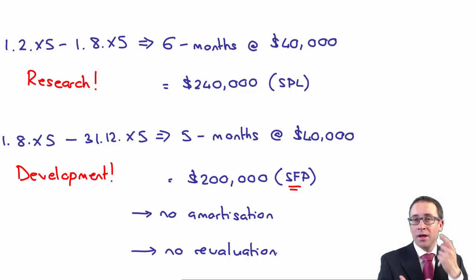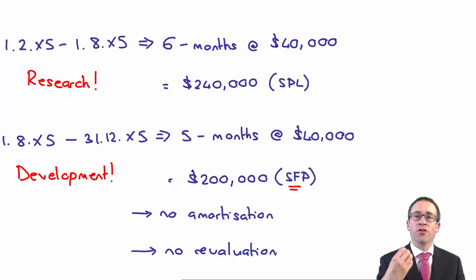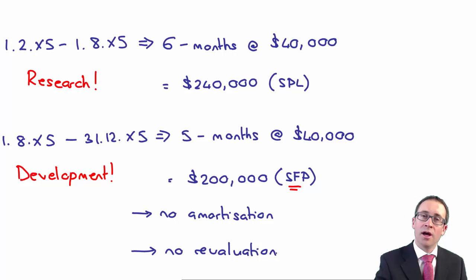Questions in the exam won't ask you what to explain, but I think it's good that we do that type of question to give you a thorough understanding of how it all works. I think in the exam you're likely to have to work out the carrying values of your intangibles based upon the cost, based upon the useful life. You might need to go through as well and work out the amount of costs that you capitalize as part of development and how much you expense as part of research.